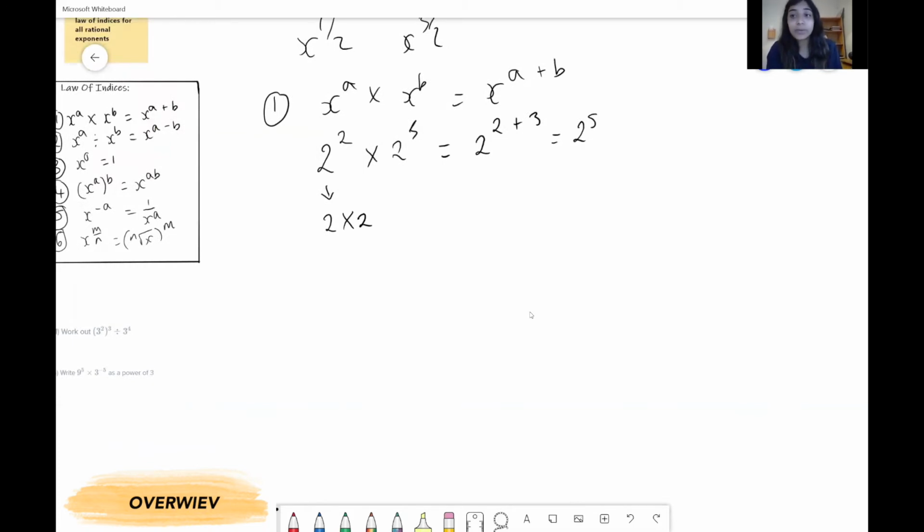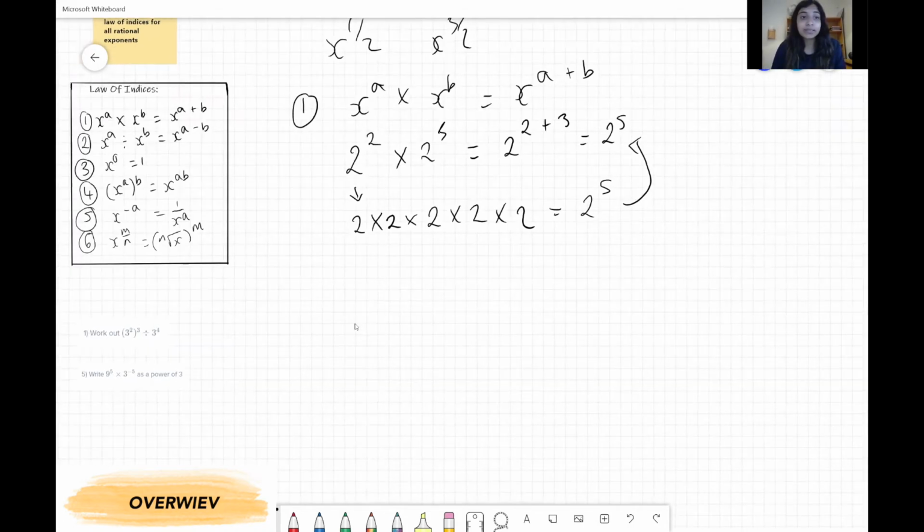And then 2 to the power of 3 is 2 times 2 times 2, and that's multiplied together. As you see, you have five 2's, so that is the same as 2 to the power of 5, as 2 is multiplied by itself 5 times. That's where that law comes from.